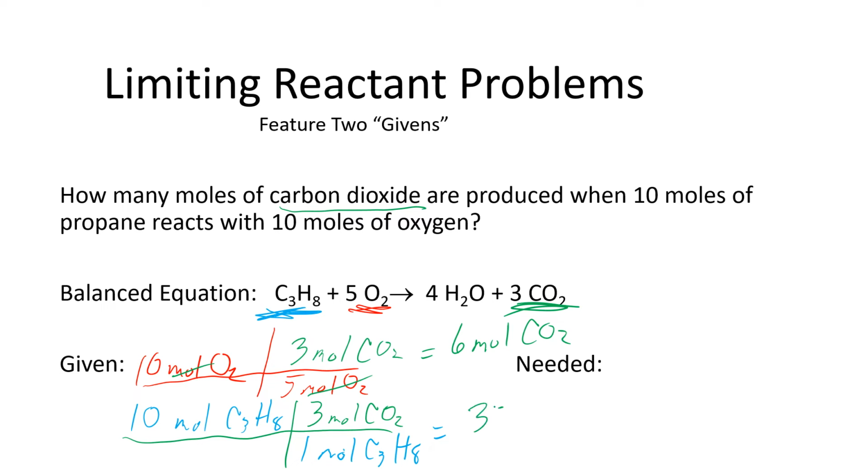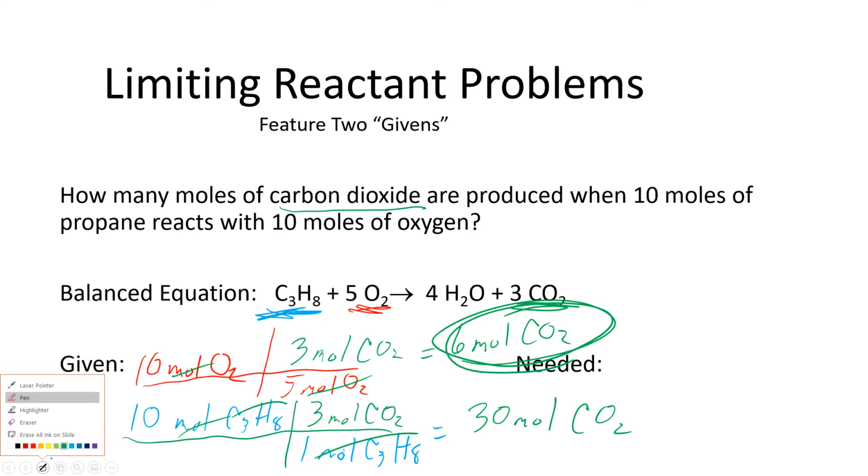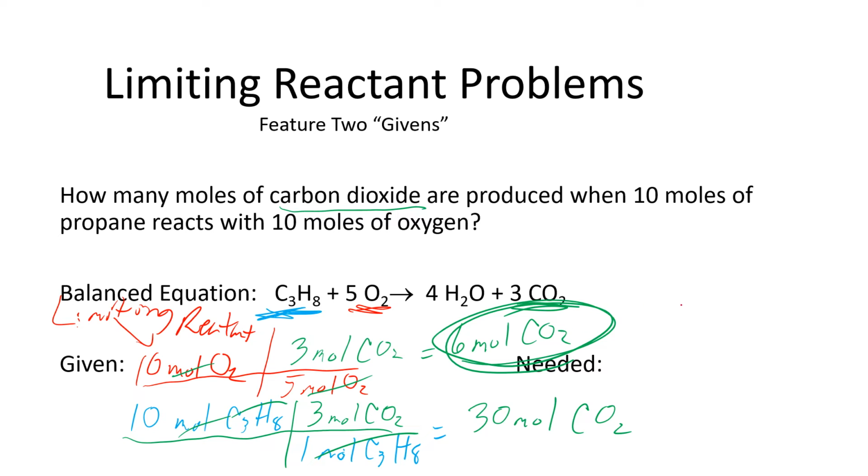So if the question is which of these is limiting, it should be clear that this number is the lower of these two. Therefore, oxygen is our limiting reactant, because this is the lower product yield, the lower amount of product produced, so you're limited.